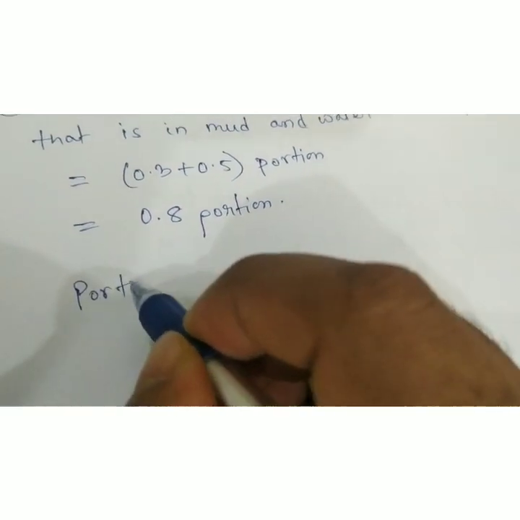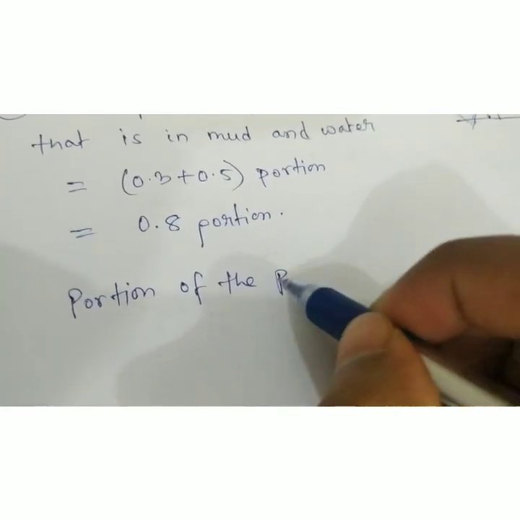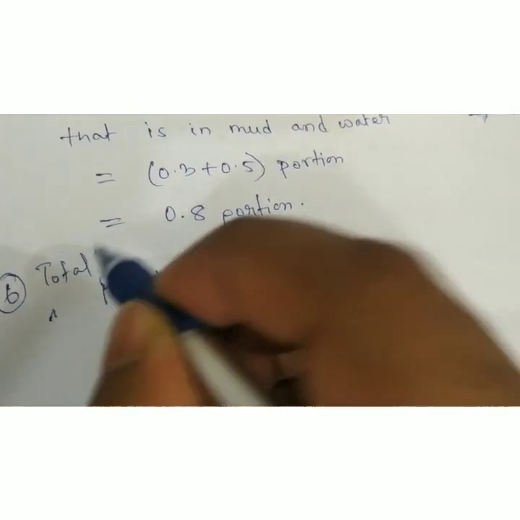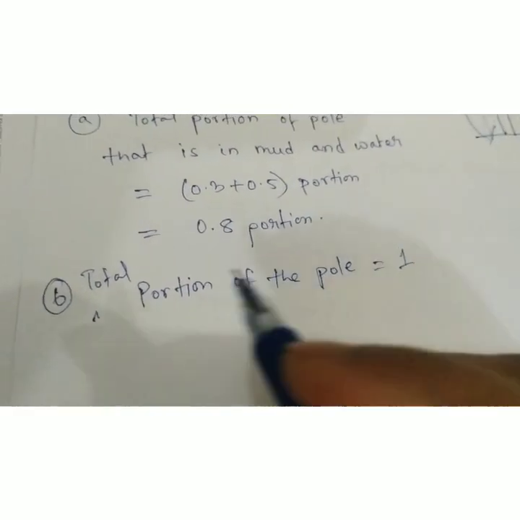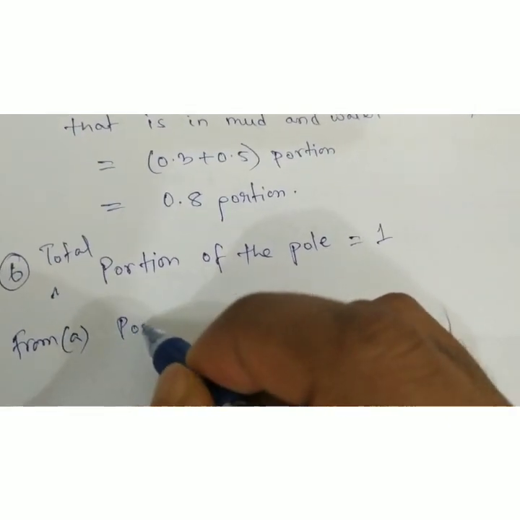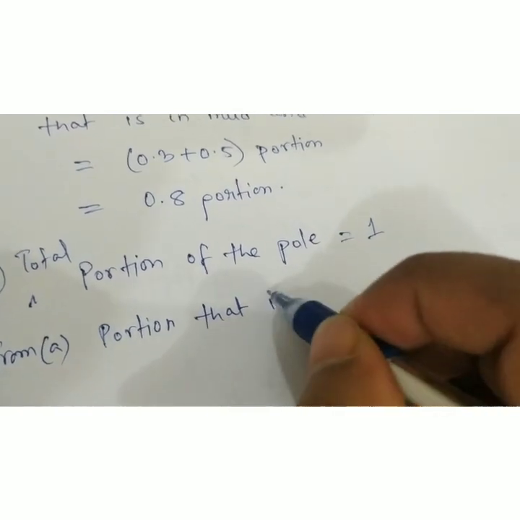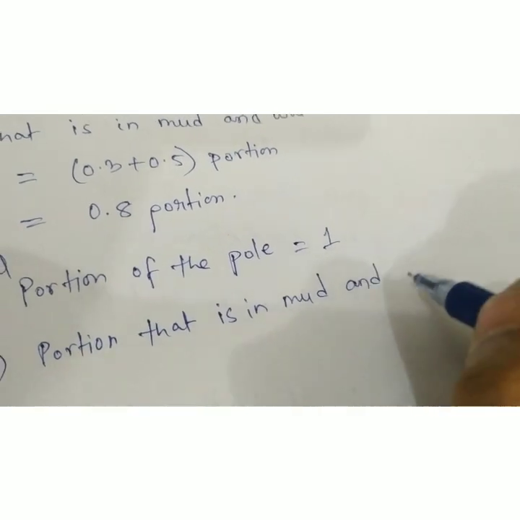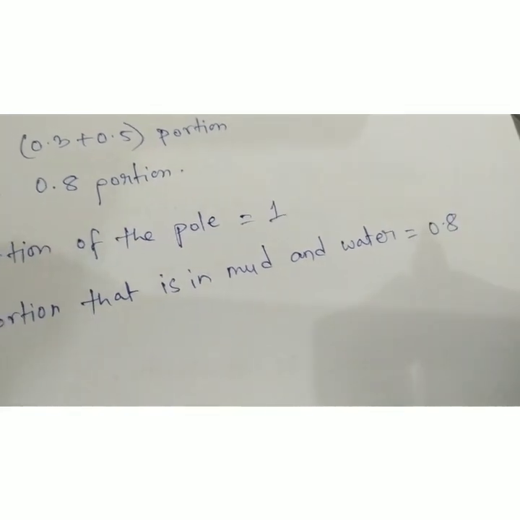So we can write, total portion of the pole equals 1. Okay. Next, from A, portion that is in mud and water equals 0.8.